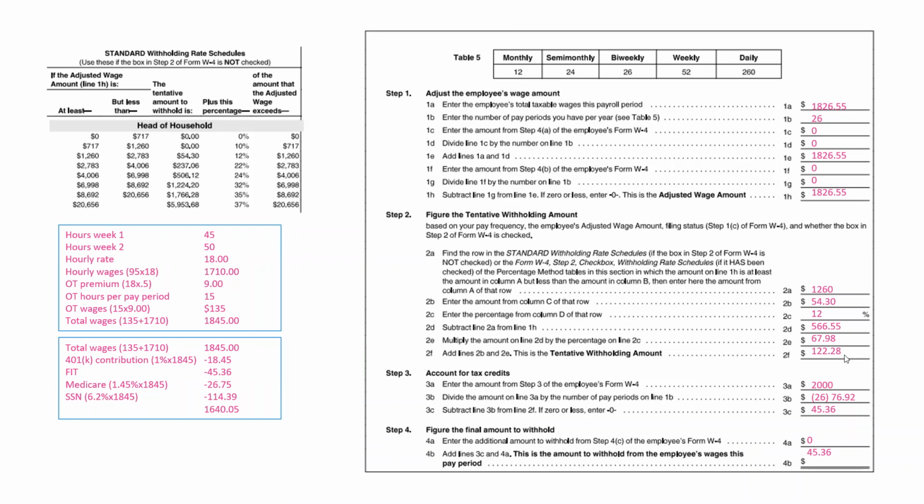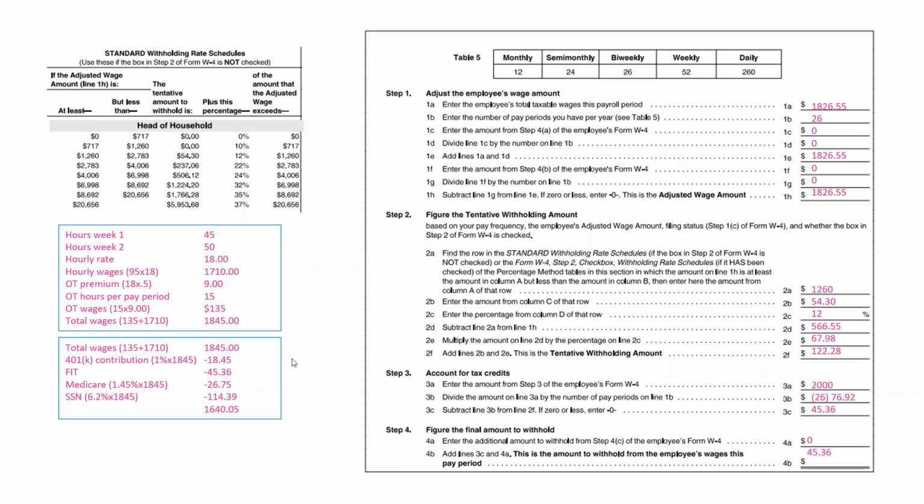Add lines 2B of the $54.30 in our chart plus 67.98, we get 122.28. Then step 3 of that employee's W-4, they claim $2,000 for dependents. Divide that by 26 pay periods. You get 76.92. Subtract line 3B minus 2F, so 122.28 minus 76.92, we get that 45.36.